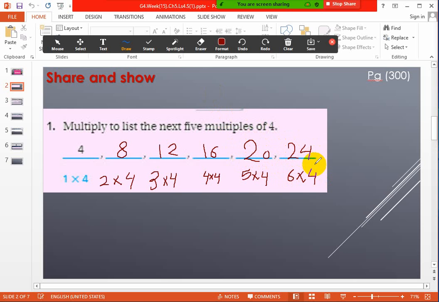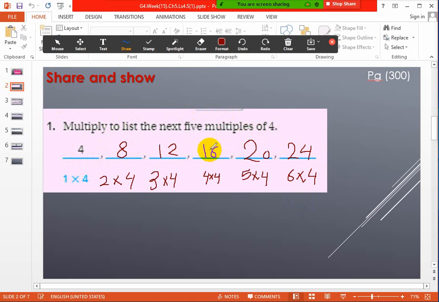24. So here I have how many multiples? Look, after 4 I have 1, 2, 3, 4, 5. I have 5 multiples after 4. As it says, multiply to list the next 5 multiples of 4.